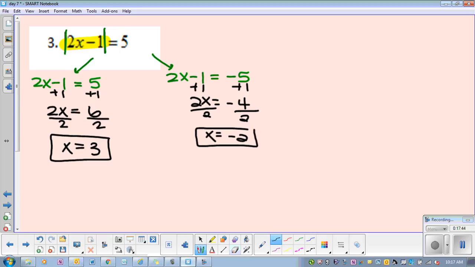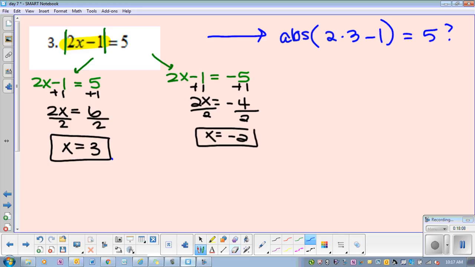Alright, so let's check. Let's put this in the calculator. So I'm going to say, my original problem, math number abs 2 times, let's plug in 3. Let's check 3, right? 2 times 3 minus the 1. And then hit equals.